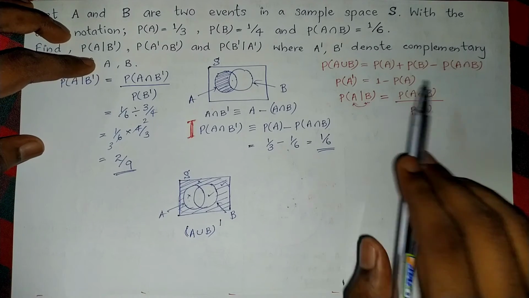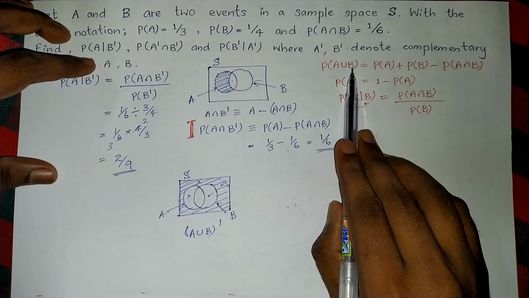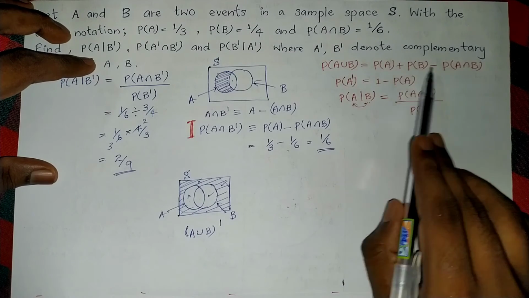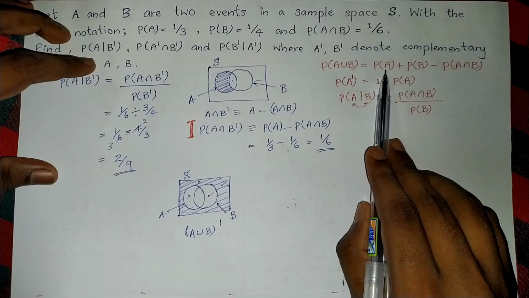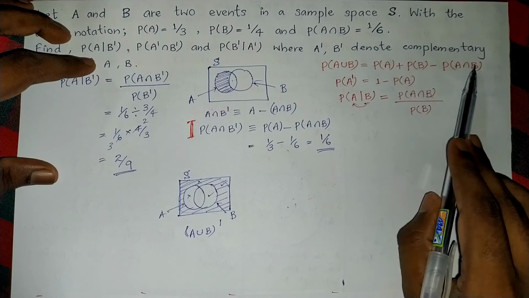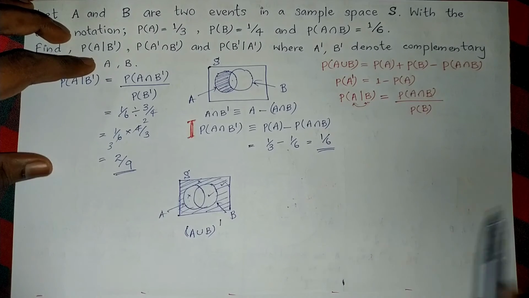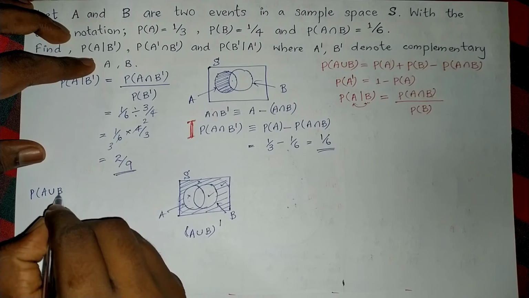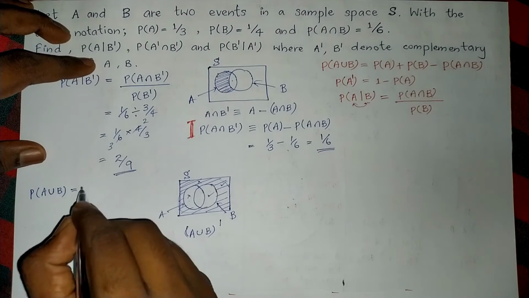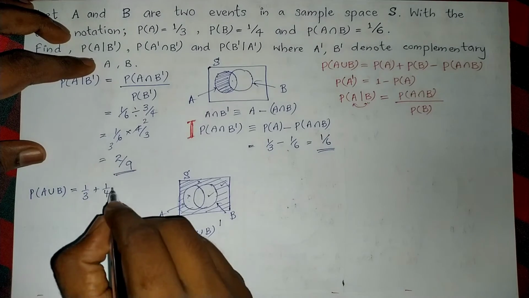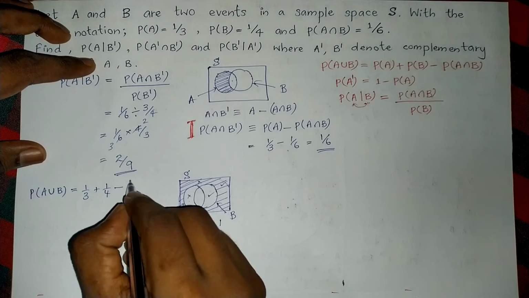So we can find A union B from this relationship from your O-level knowledge. It is probability of A plus probability of B minus probability of intersection. One third plus 1/4 minus 1/6.